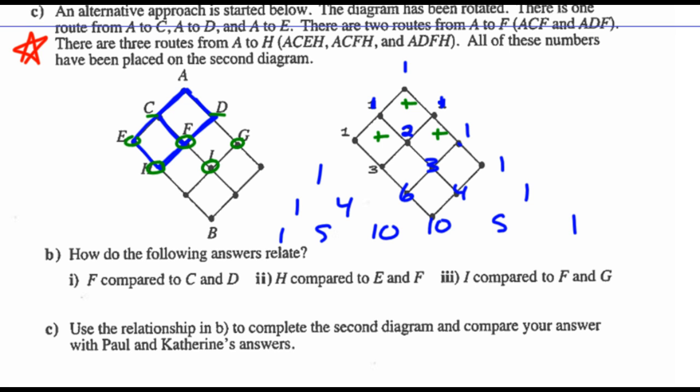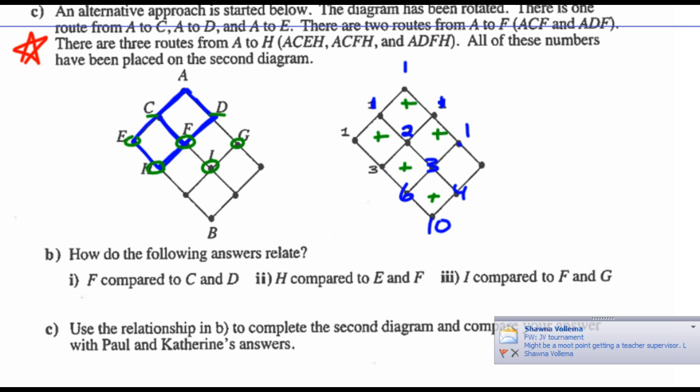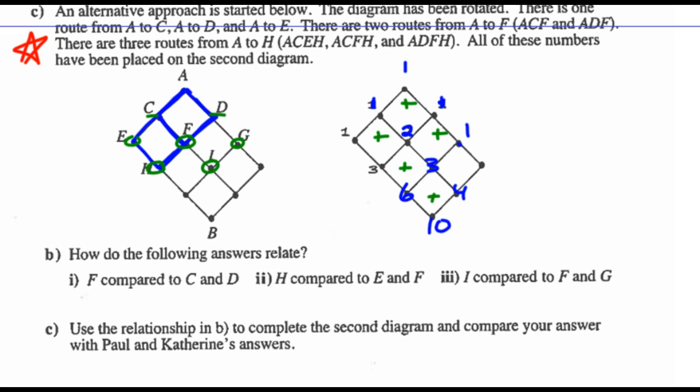So this is just using Pascal's triangle pattern by adding the 2 numbers up above. 3 plus 3 is 6, 6 plus 4 is 10, and so on. But the whole triangle doesn't get represented. We just need the parts that fit in the grid. So we come up with the same answer of 10, and we're really using Pascal's triangle. So that's something to remember.